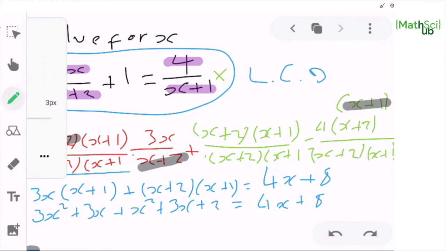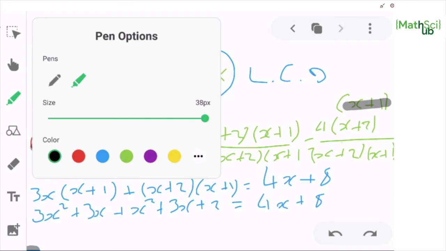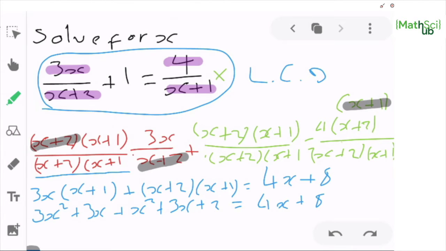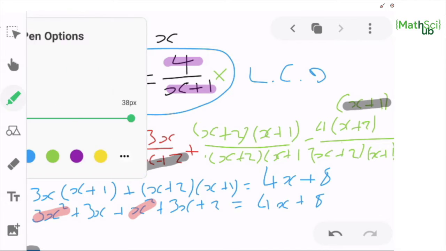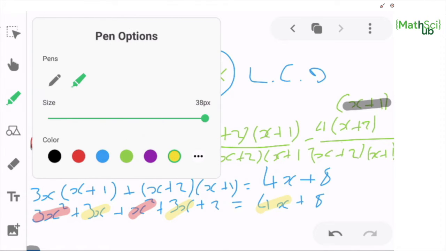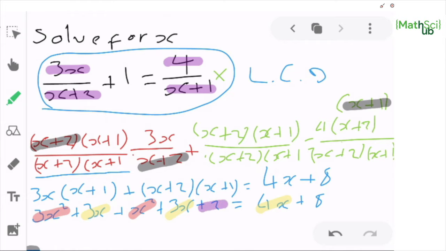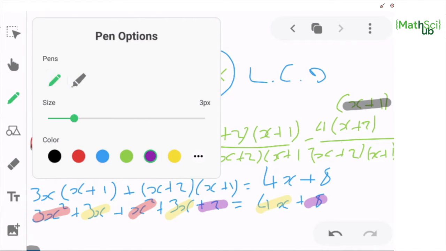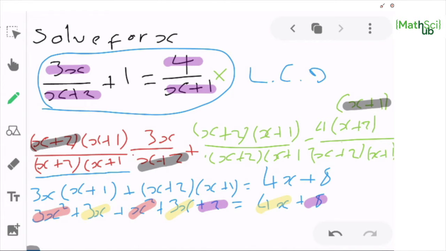We have 3x, we have x squared, and then we have 3x and 3x, and 4x on the other side of the equal sign, and then we have 2 and 8. All right, I've highlighted our like terms.